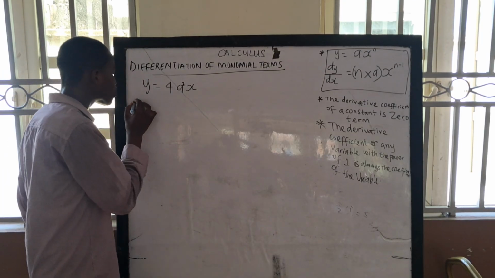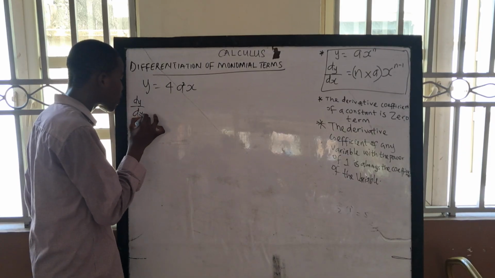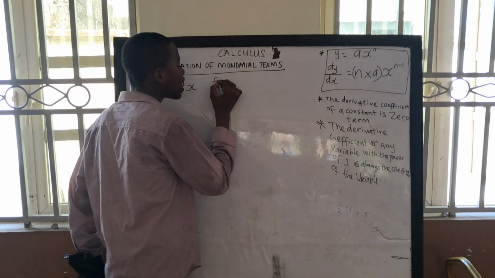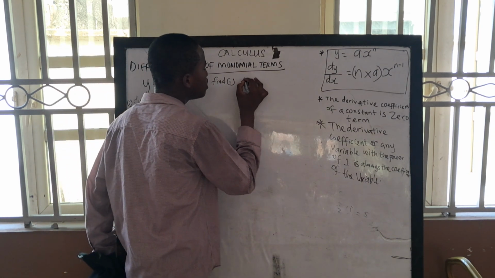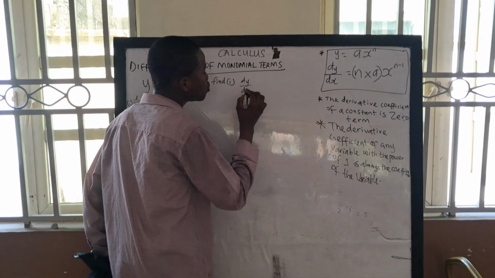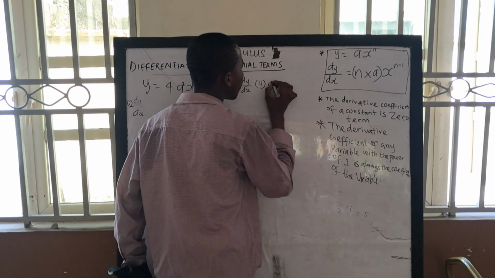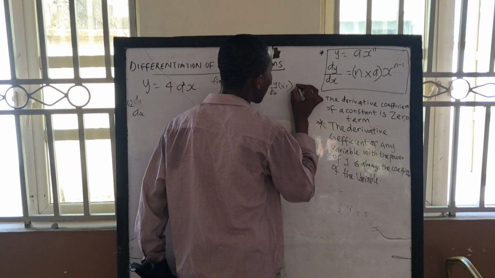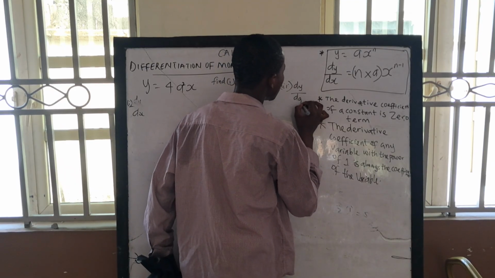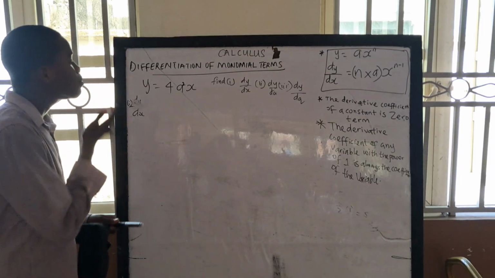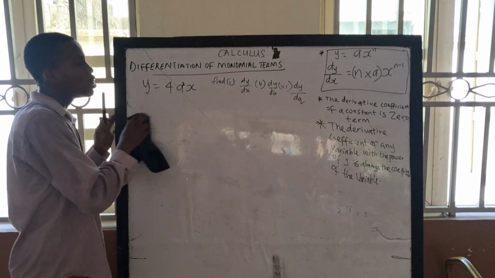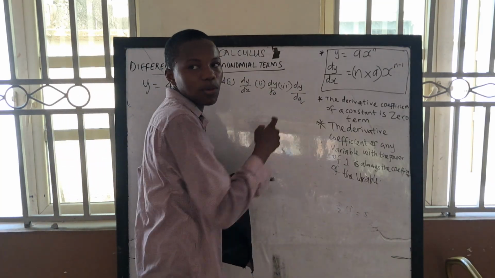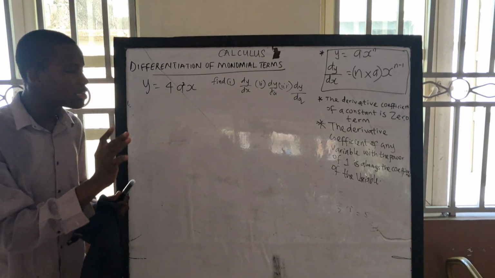If I'm asked to find 1, dy dx, 2, dy dA, 3, dy dq, that means I am differentiating my y with respect to x, with respect to a, and with respect to q. So I'll be solving this individually.